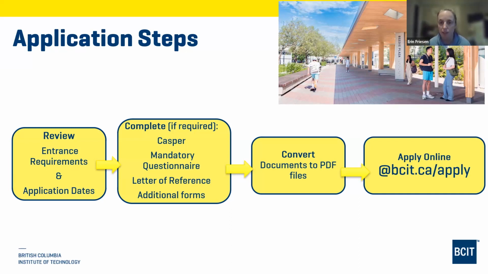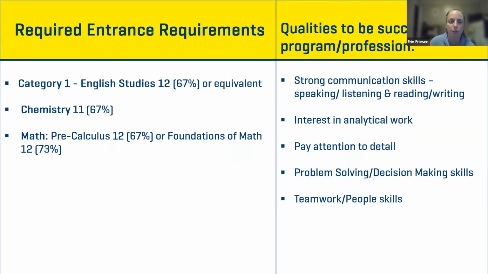So you need to have that to document that you've met our entry requirements. You'll need to convert them to PDF files, and then you'll be submitting them in your application, which you can apply at bcit.ca/apply. So for this particular program, we have English 12 at 67%.